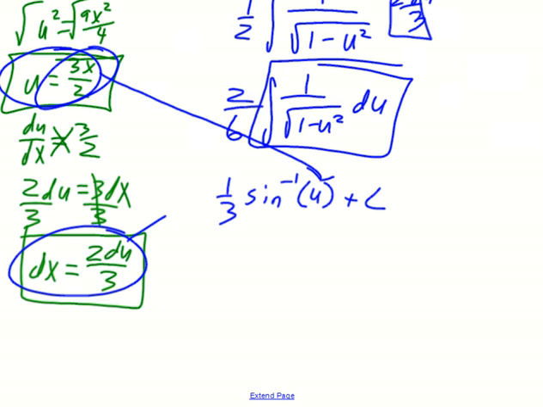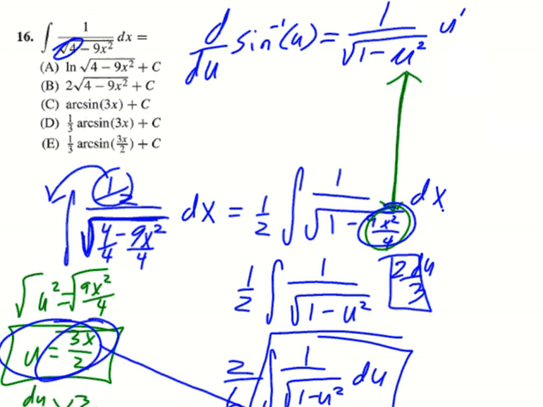I'm going to plug that in, and so we get 1/3 times the sine inverse of 3x over 2 plus c. And that looks like answer choice E, 1/3 times sine inverse, or arc sine, of 3x over 2 plus my constant of integration.